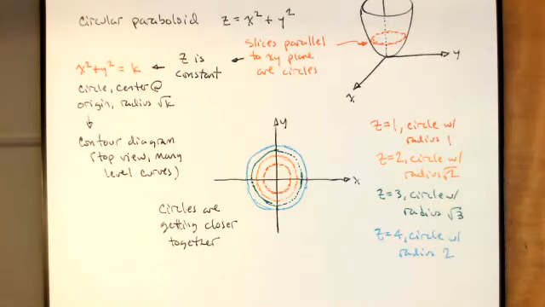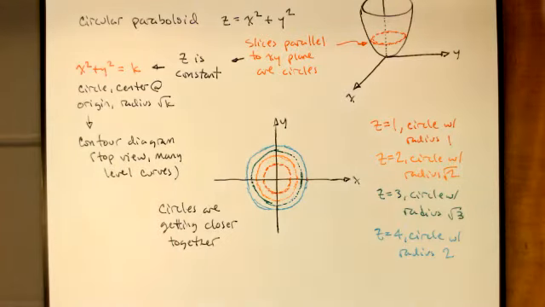Even though the values of z are increasing just by 1 for each level curve, the circles are getting closer together. This indicates that as z gets higher, the sides of our surface are getting steeper.